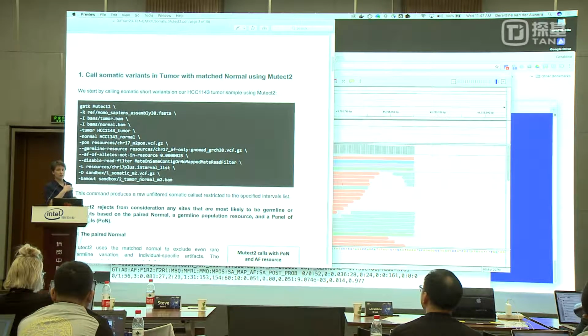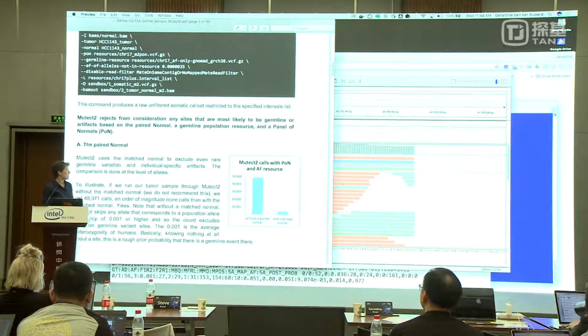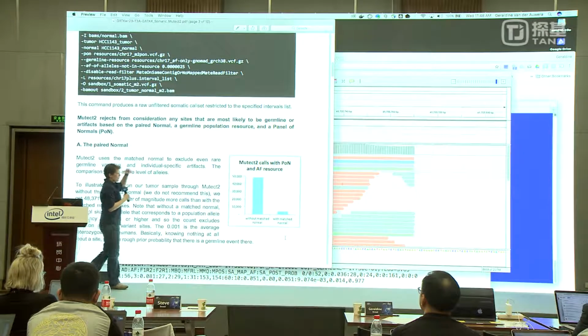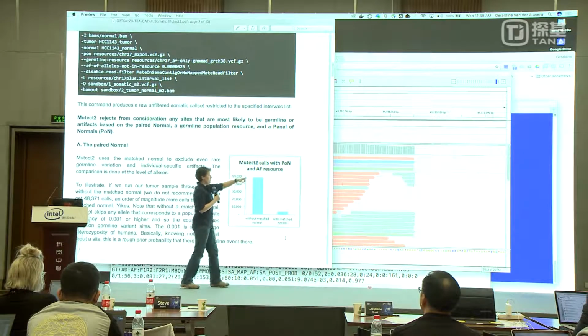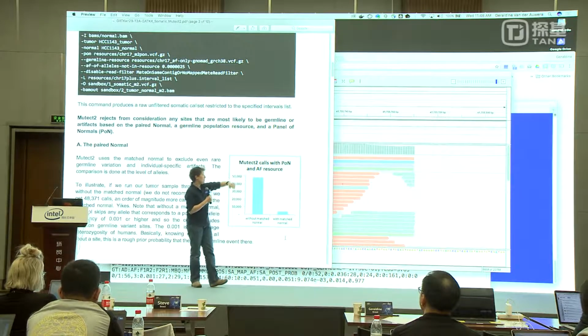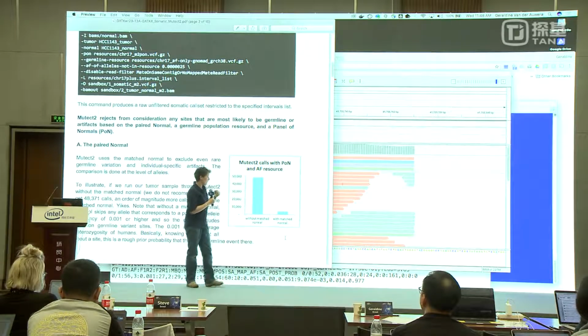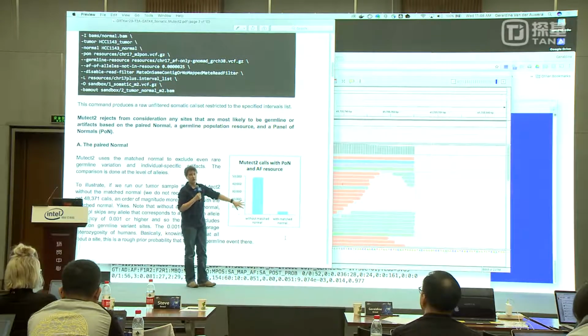That's still not going to eliminate everything that's germline in your tumor-only sample. And in fact, if we do the test of how many calls you get, if you run this command and compare on the full set with this command, with the panel of normals, which is a good, reasonable panel of normals, and the population resource that we have, this is the difference in the amount of calls that Mutect2 will generate.